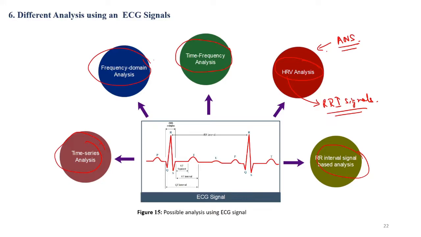Yeah, so kind of autonomic nervous system. When we talk about the nervous system, there are two types: central nervous system and the autonomic nervous system. Now, this autonomic nervous system is associated with two types of systems: sympathetic and parasympathetic.